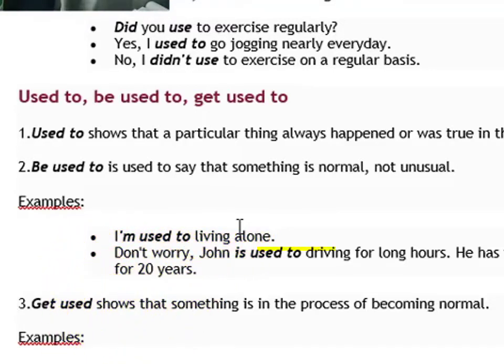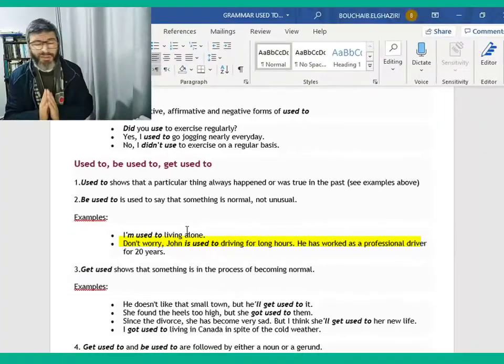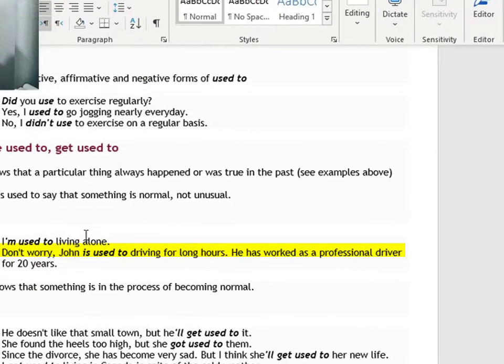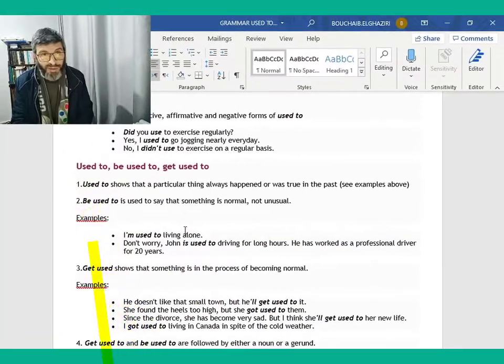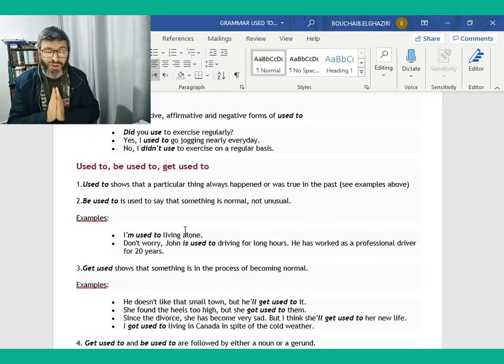Don't worry, John is used to driving for long hours. It means it is normal for him to drive for long hours. He has worked as a professional driver for 20 years, right? As well, we can use the expression be used to in the negative and in the interrogative.